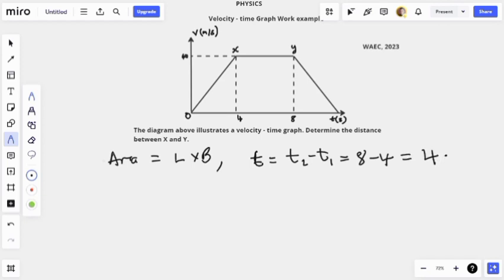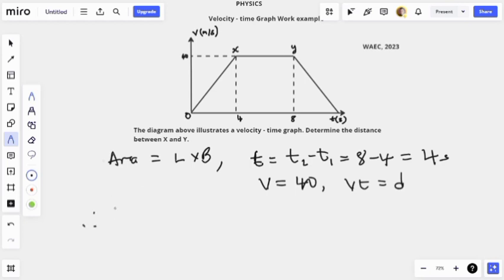And then our breadth, which is represented by velocity. As you can see, the height on the velocity side is 40, so v equals 40. And of course, we know that velocity times time equals distance. So we are trying to find the distance between x and y.